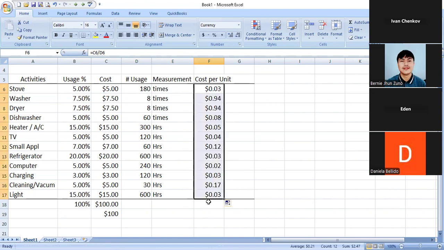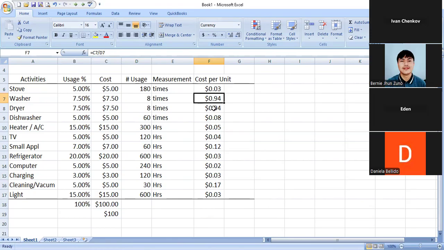Once I run this, I'm going to find out for which activity how much it cost me. So every time you're charging your phone at home, it's going to cost you 3 cents for every hour. If you use the washer, every time you use it you have to pay 90 cents, almost $1.